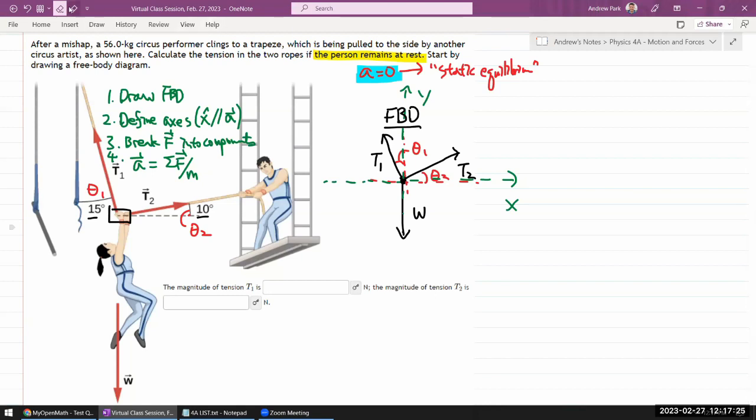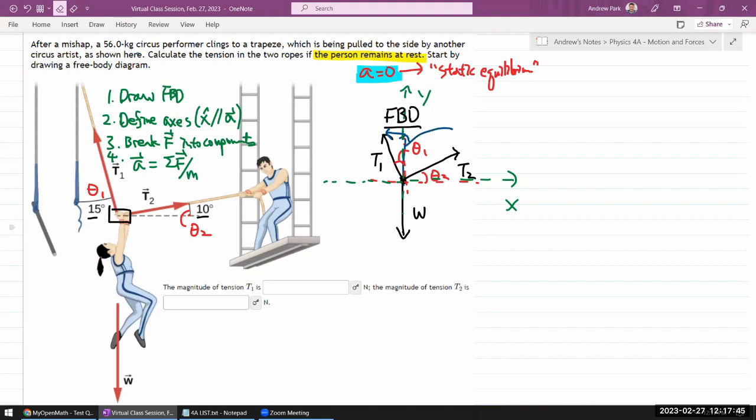So I need to indicate my T1 and T2 broken down into these two X and Y components. For T1, my Y component looks like this, and my X component looks like this. Since I have the angle identified, let me give these a label.